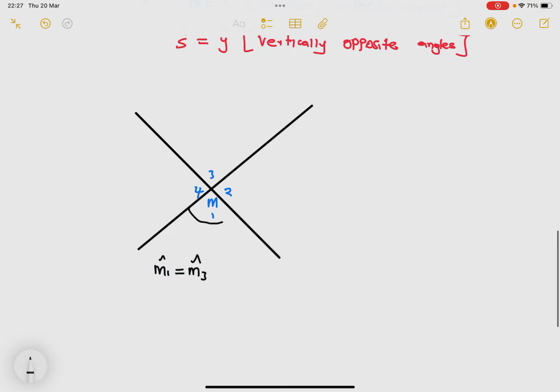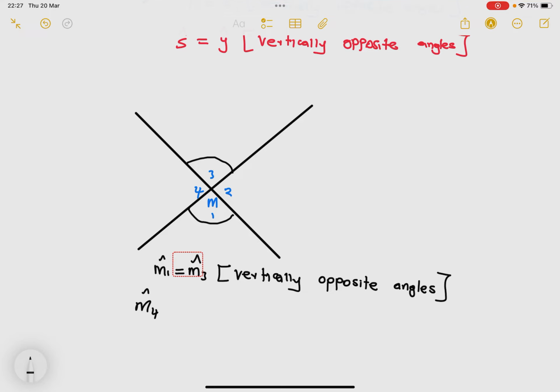So this angle is going to equal this angle. And why is that? Because they are vertically opposite angles. Let's look at another one. We realize that M4 is also going to equal M2.